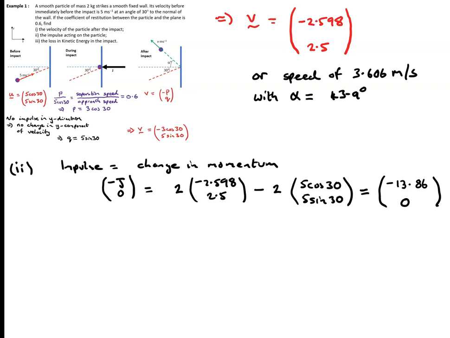That is 2 times (-2.598, 2.5), which is the final momentum, minus 2 times (5 cos 30, 5 sin 30), which is the initial momentum. And that gives me minus 13.860, which tells me that the impulse acting is 13.86 newton seconds.